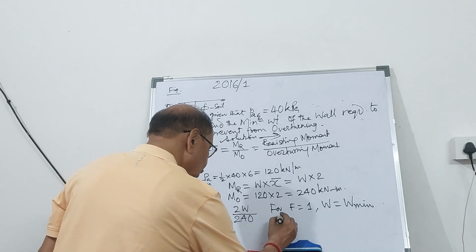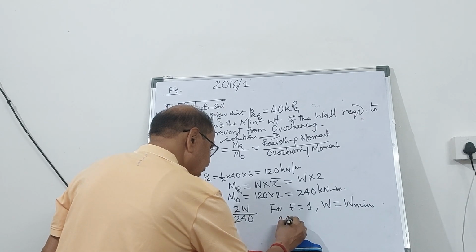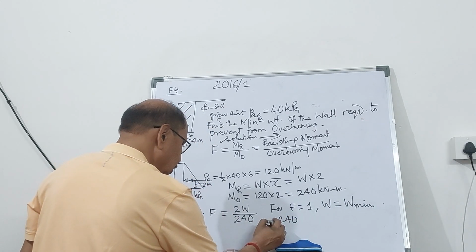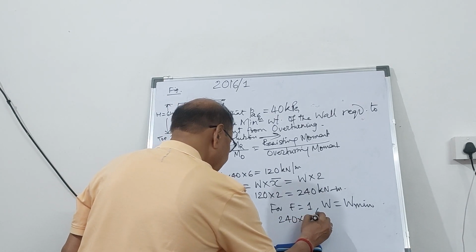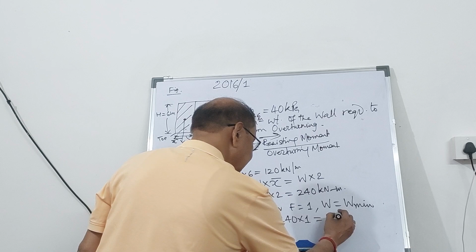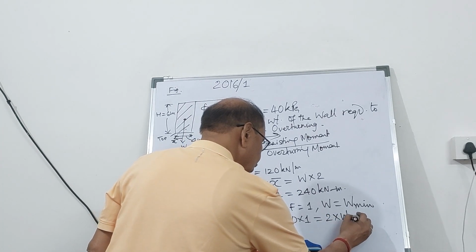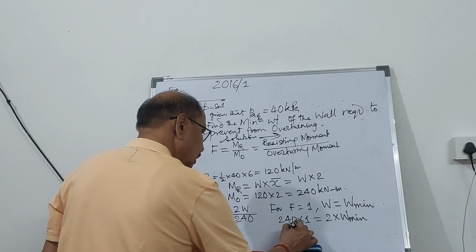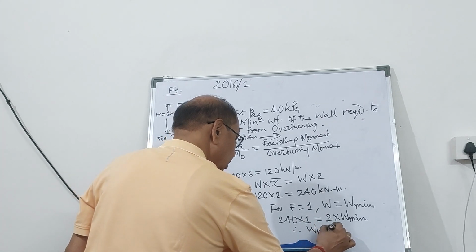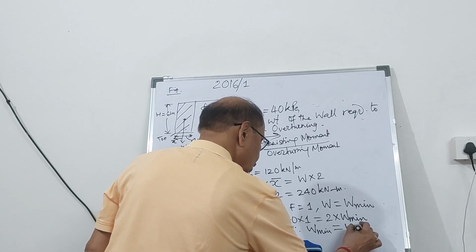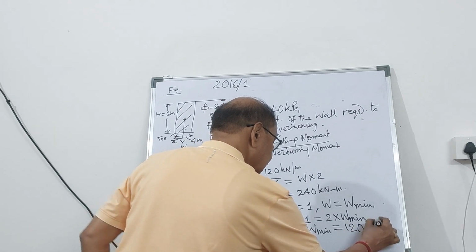So if you substitute 240, factor of safety equals 2 multiplied by W minimum. Therefore, W minimum equals 120 kilonewton.